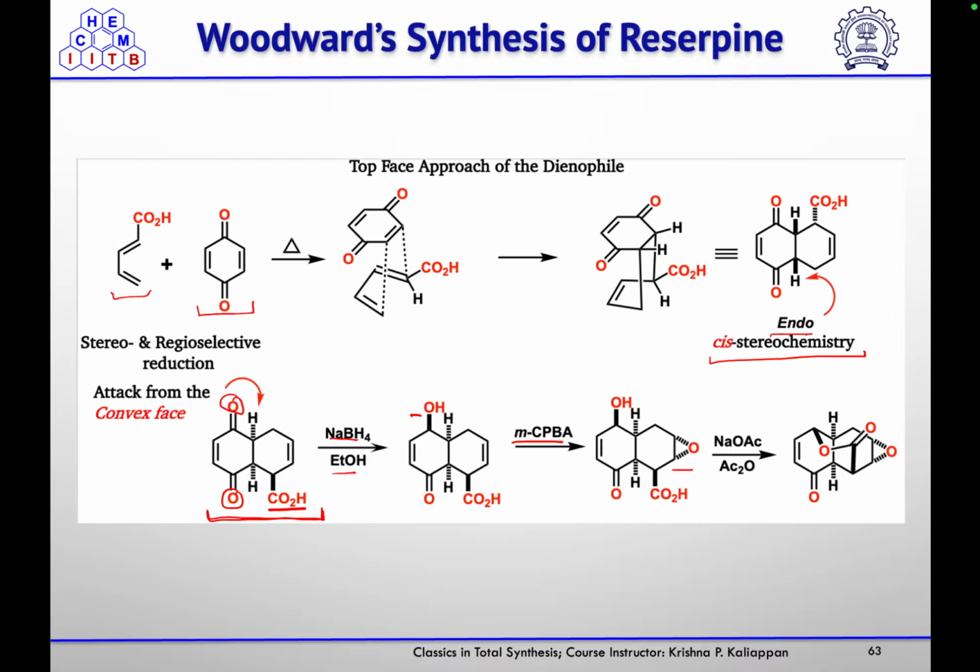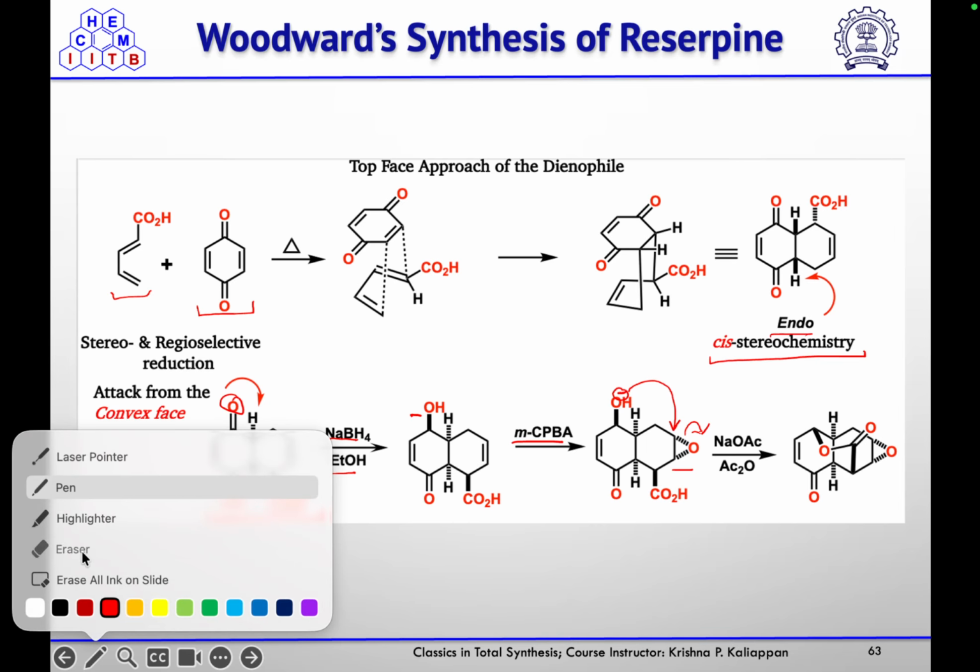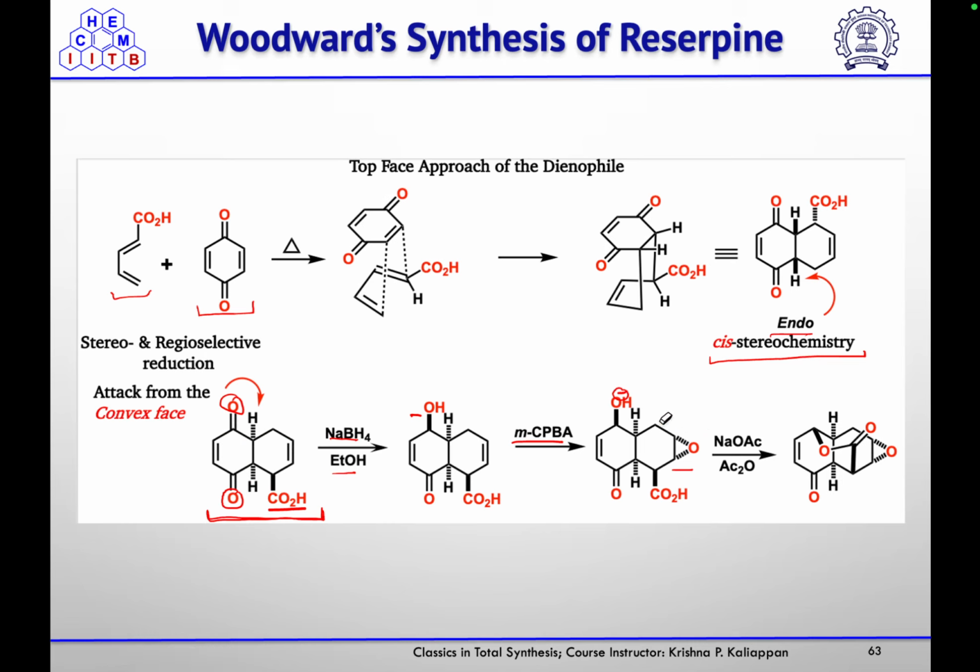Then using sodium acetate and acetic anhydride, what will happen, this alkoxide will form and this will attack on that epoxide. Sorry, this alkoxide will react with your acid to form the corresponding ester.